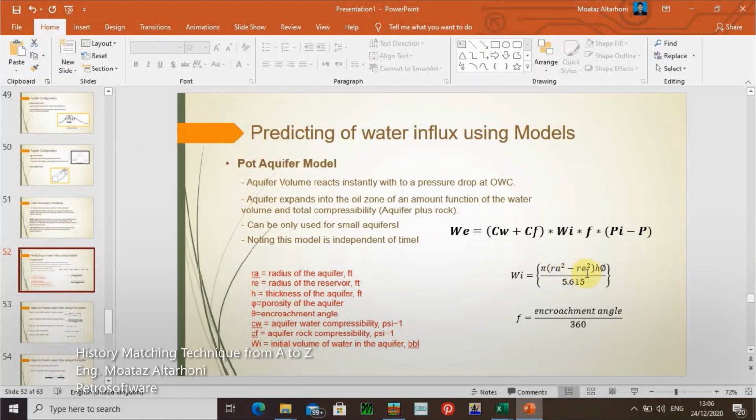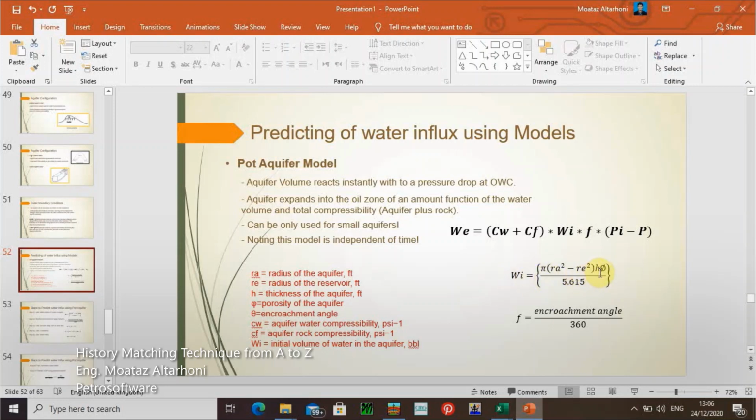We know the reservoir radius, but we don't know the aquifer radius. The aquifer radius is outside the reservoir radius and must be larger than it. So I am not sure about this value. I don't know where the end boundary of the aquifer is, so it must be predicted and initially calculated.